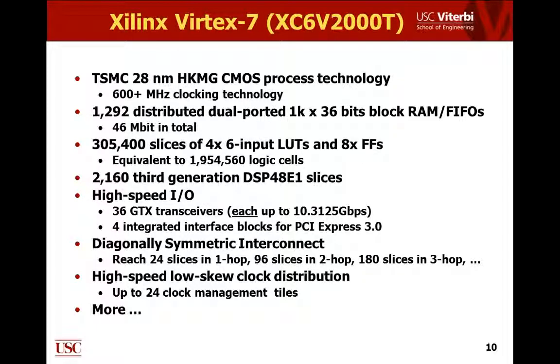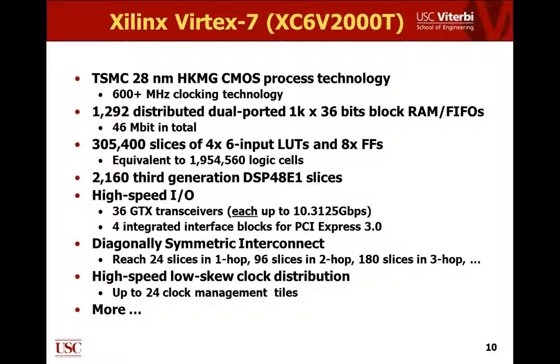Just to give you a sense of what we can do in the market today, I've listed here what happens in a typical device in the market. A device like this has, in addition to the basic logic cells and the interconnections between them, a large amount of what are called BRAMs, approximately 46 megabits in a typical large device in the market today. A very large number of basic building blocks called slices.